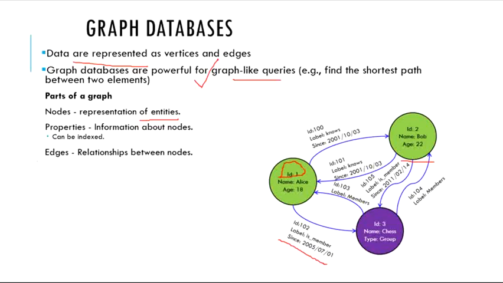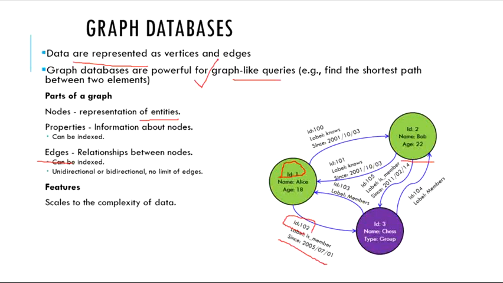You can have some form of index values with all of these. And then the relationships are represented using the edges. The edges can either be indexed or not indexed, so you can have your own identification for all of the edges, and these can either be unidirectional or bidirectional.